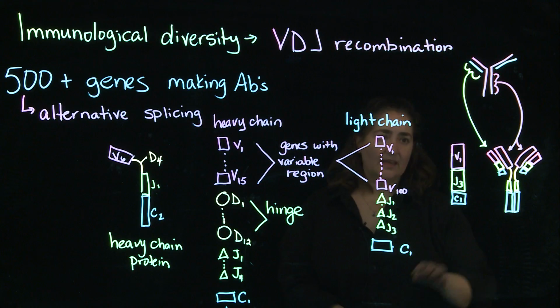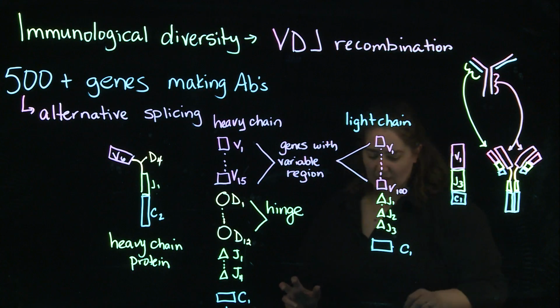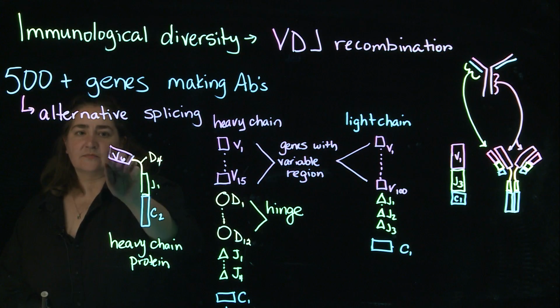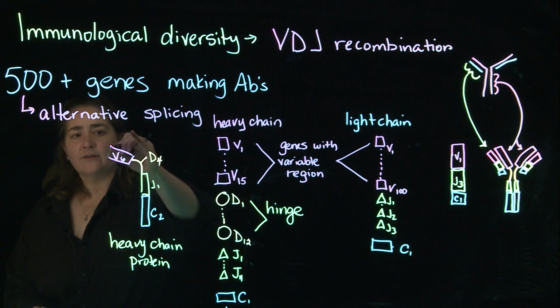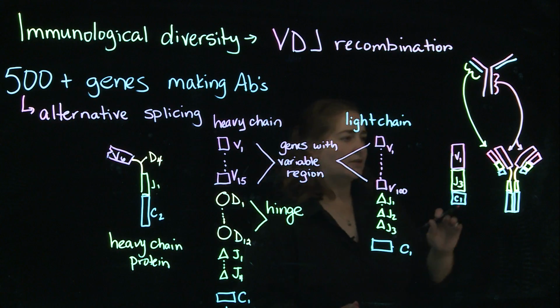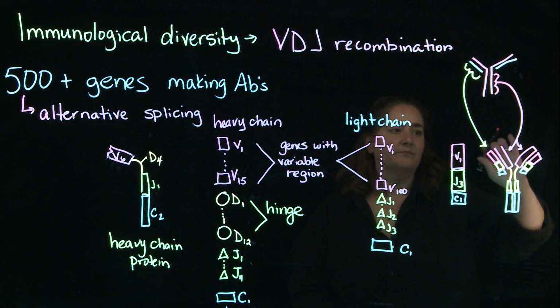All right? And in terms of our antibody, what makes it unique, all right, is that variable region is going to be the portion that will bind to our particular antigen.